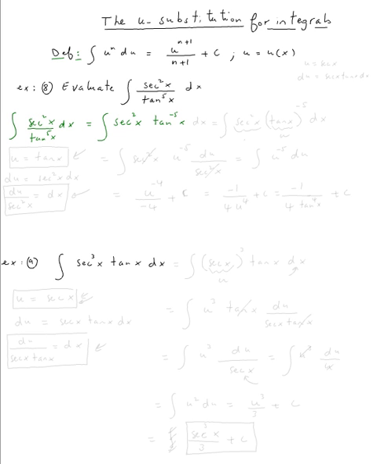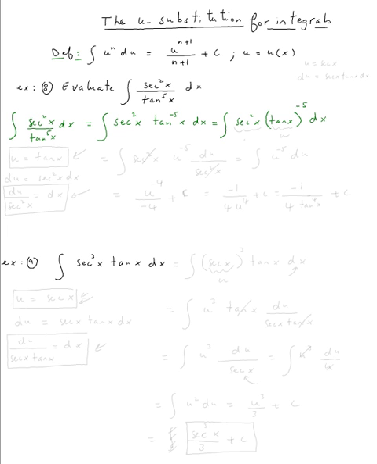We move tangent to the numerator, the exponent becomes negative, and then dx. By the way, we can rewrite this as the integral of secant squared x times tangent x to the negative 5 dx, right?